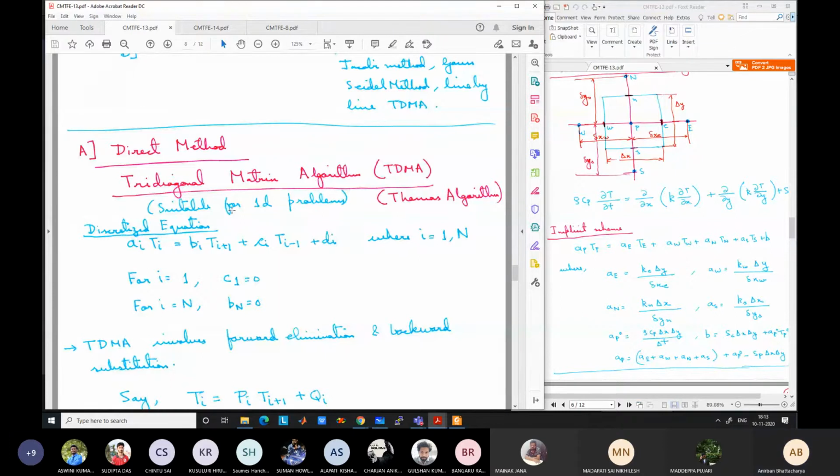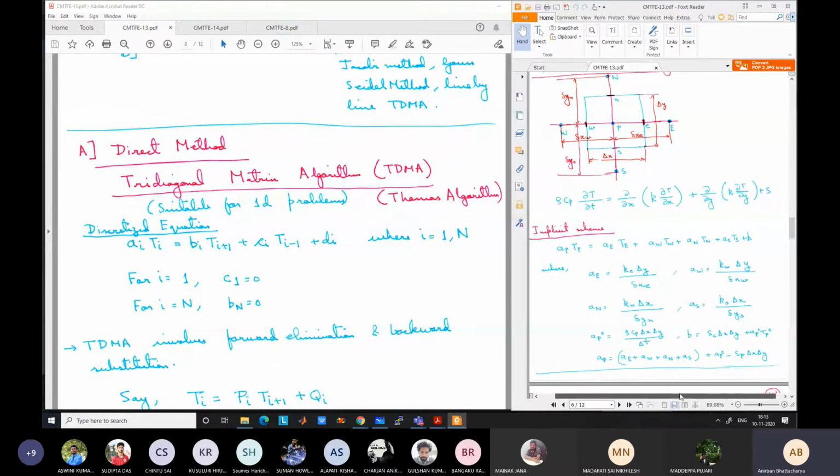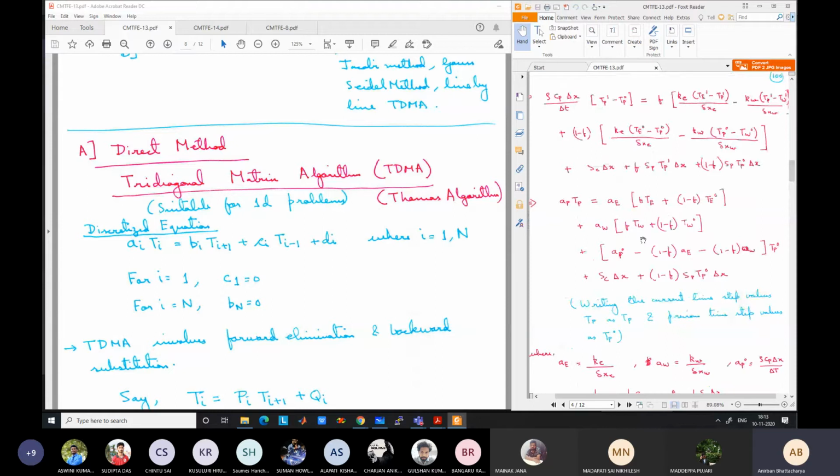Okay, as I mentioned, it is suitable for 1D problem. I will say why this is the case. Many of you already know. So once we have the discretized equation of this form, APTP is equal to AETE plus AWTW, this is for 2D. For 1D, you will have only AETE and AWTW and B. Okay, where was the 1D equation?